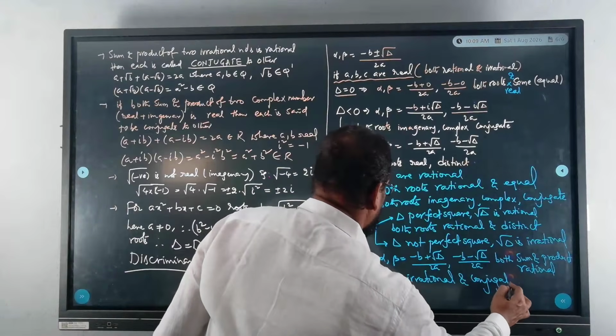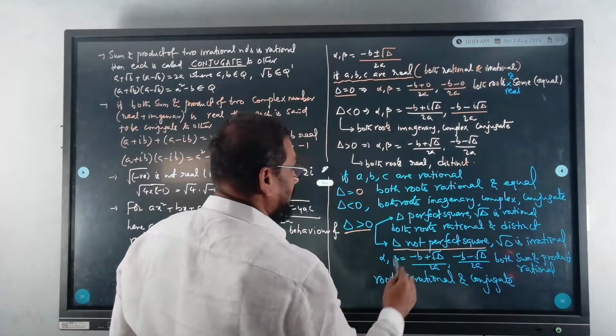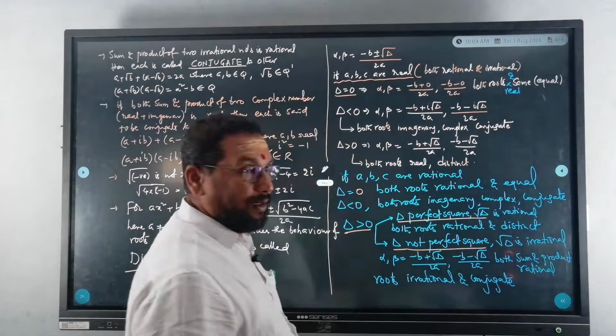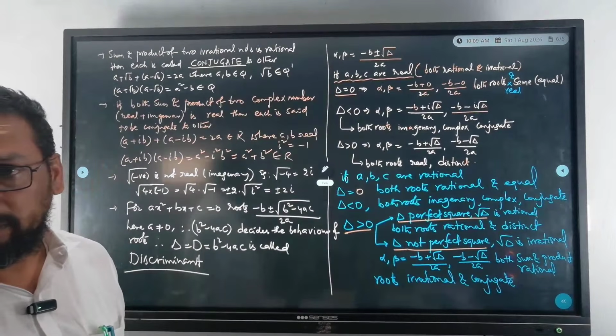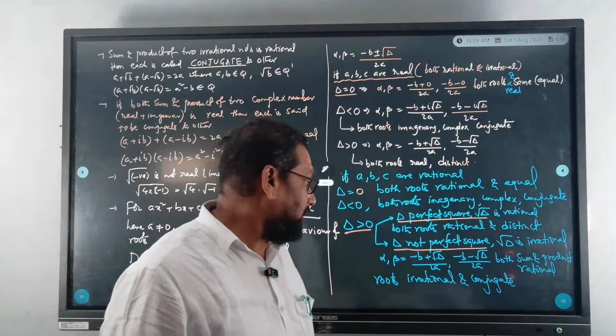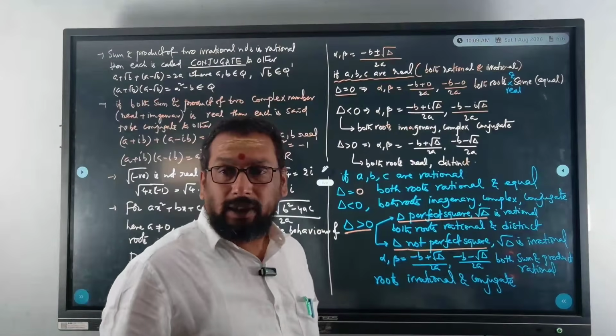If delta is a perfect square, both roots are rational and distinct. If delta is not a perfect square, both roots are irrational and conjugate.